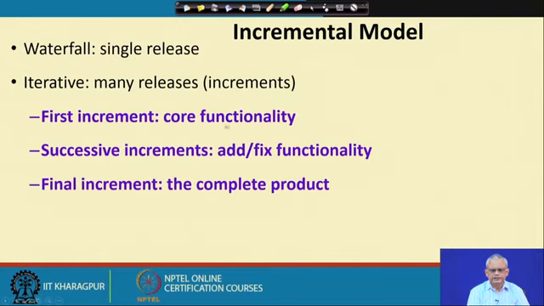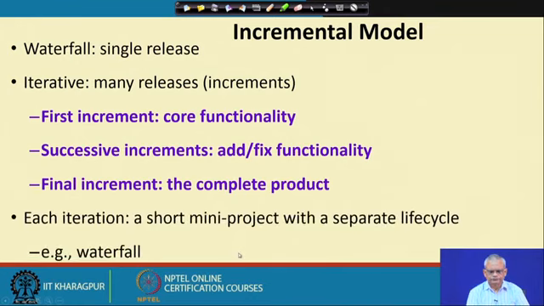The first increment is typically the core functionality, and on each increment new functionalities are added, and some parts are modified based on the customer's feedback, and the final increment is the complete product. Each iteration is a short mini project which may use a life cycle like waterfall.